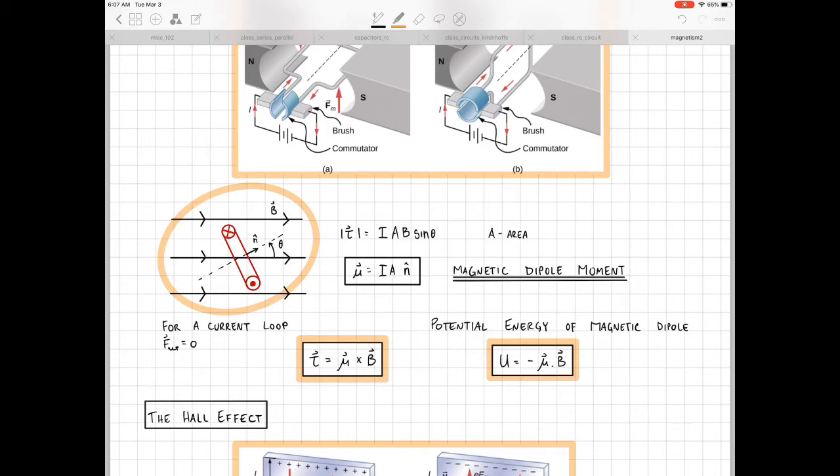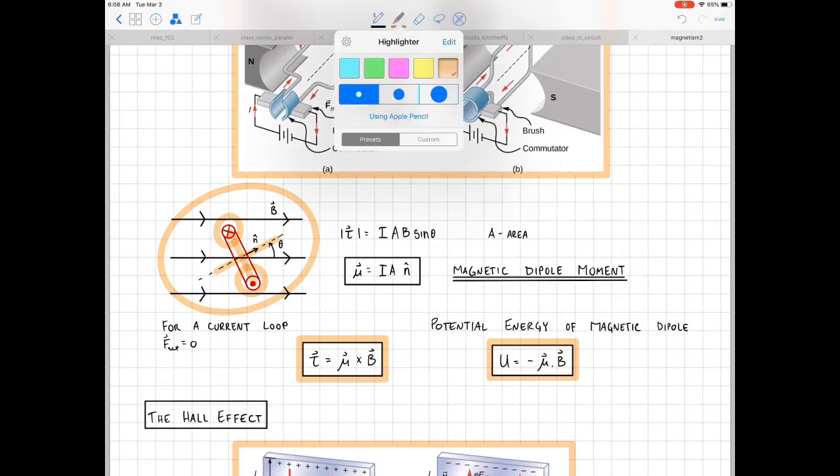And so if you can see what's going on here, I've got my wire, and this is a cross section, so the top part shows that the current is going into the page, and the bottom part here is showing the current coming out of the page. And then I've drawn the normal vector here along this line. Remember if we're thinking about the area vector, that normal vector is perpendicular to the surface of the loop. It's the direction of the area vector, excuse me.